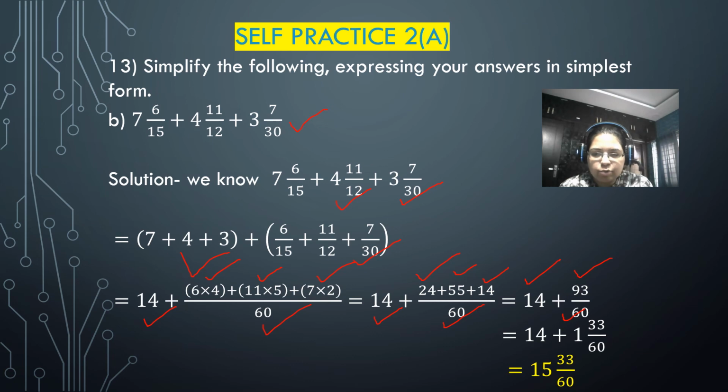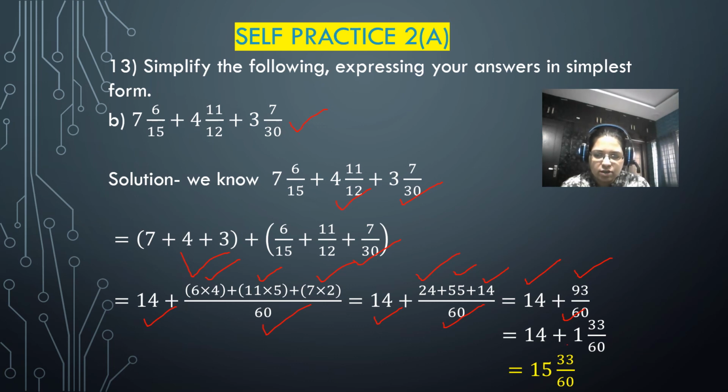And now we have to convert this improper fraction 93 divided by 60 into a mixed fraction. Divide the dividend by the divisor. Dividend is 93 and divisor is 60. We know 93 equals 60 multiplied by 1 plus 33. So we get 93 divided by 60 equals 1 as the quotient, 33 as the remainder divided by the divisor 60.